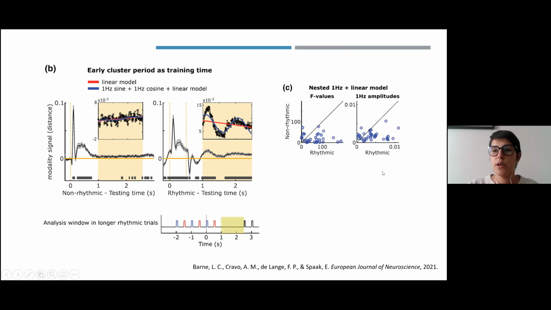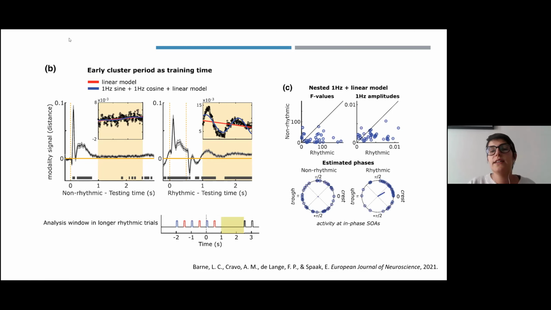And one thing that we can also extract is, okay, we see that there is a better fit for the sinusoidal model, but are those phases reliable, or are they the same phase for all the participants? Because we don't expect the phases to be random, because of how we designed the task.